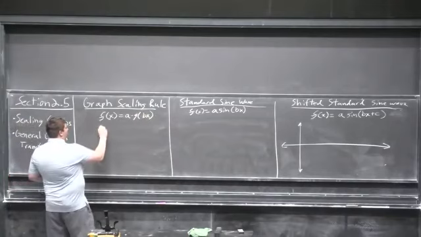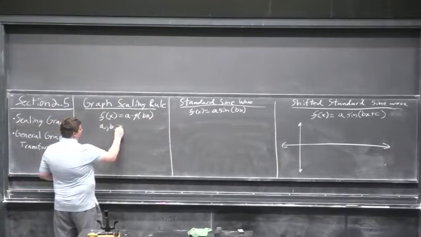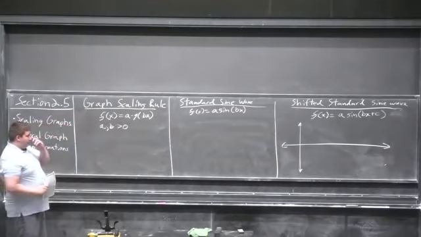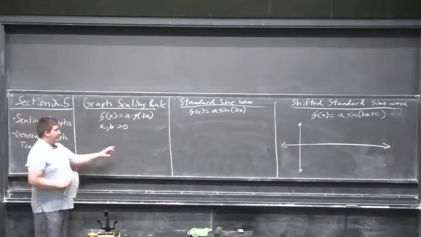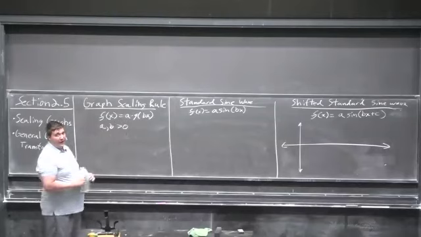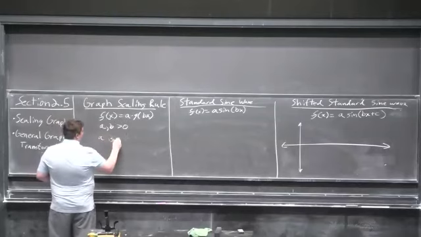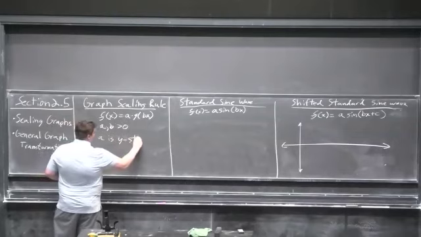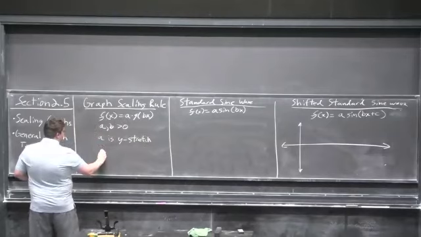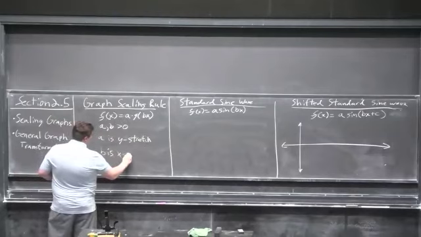Well, we're going to first restrict a and b to be positive, in other words, greater than 0. And so now what happens is a is the y stretch factor, and b is the x stretch factor.